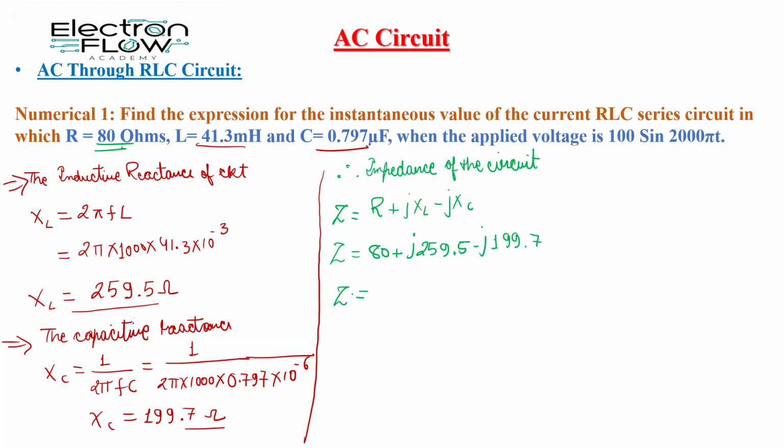After solving this, I have 80 plus j 59.8, where 80 is the real part and 59.8 is the imaginary part. I need Z in polar format, so after converting this rectangular form into polar format, I get the impedance as 99.88 at an angle of 36.77 degree.